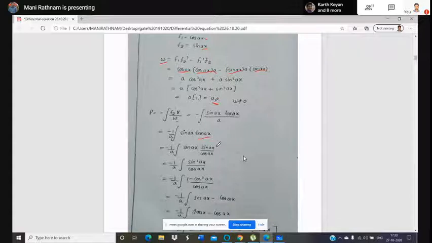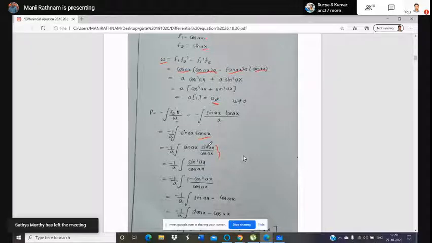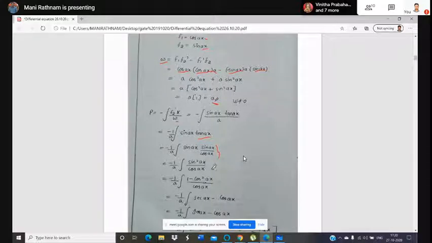Tan ax can be written using the formula sine theta by cos theta, so sin ax by cos ax. Multiplying the numerator by sin ax gives sin square ax by cos ax. We need to simplify it again to integrate this function, using the trigonometric identity sin square theta plus cos square theta equals 1.